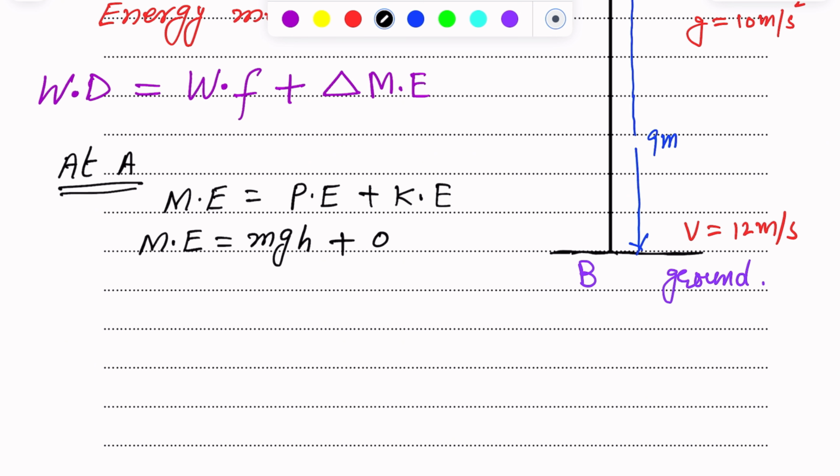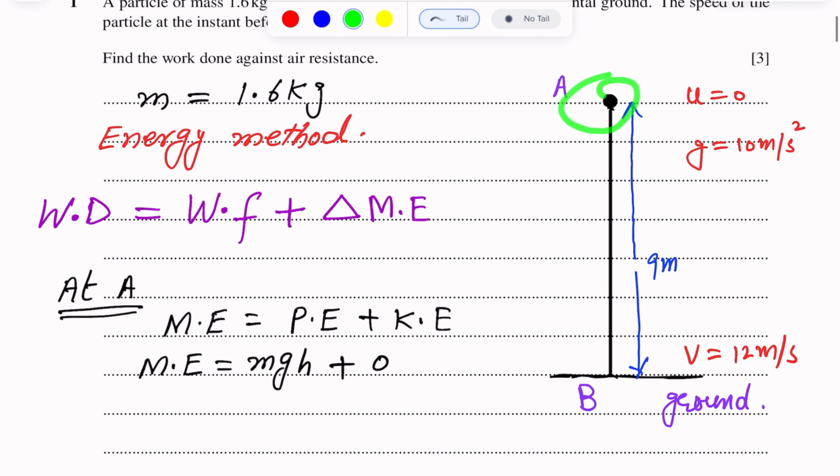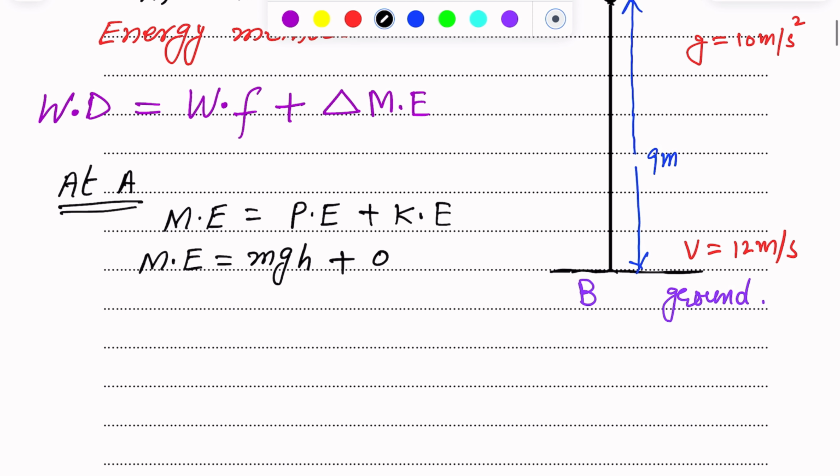This means we have only potential energy at this point. Putting the values, mechanical energy at A is m is 1.6, g is 10, h is 9. So we get 144 joules.